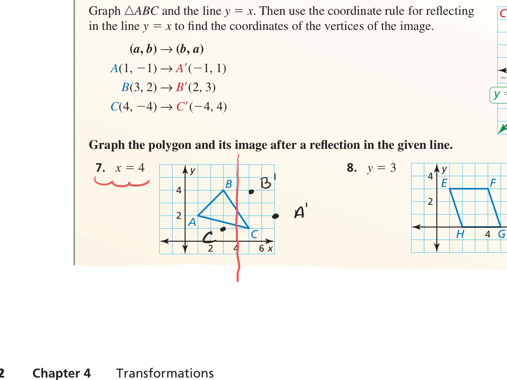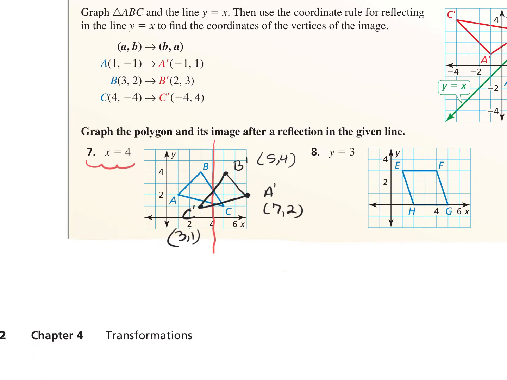And now I can connect my points and graph the triangle that was reflected across the line x equals 4. So again, the new ordered pairs, if you're asked to list them: my new A was the ordered pair 7, 2. My new B was 5, 4. And the C was the ordered pair 3, 1.